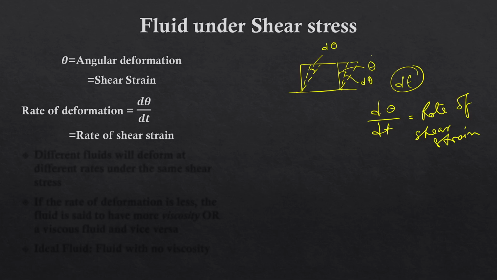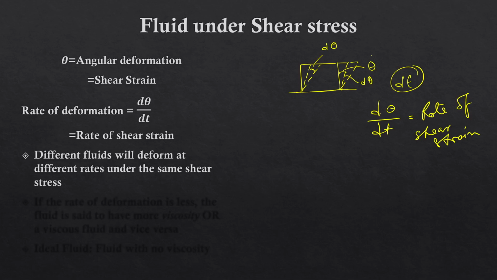Now, just like in case of solids, different solids will deform by a different angle under different shear stresses. In case of fluids also, they will deform at different rates under the same shear stress.